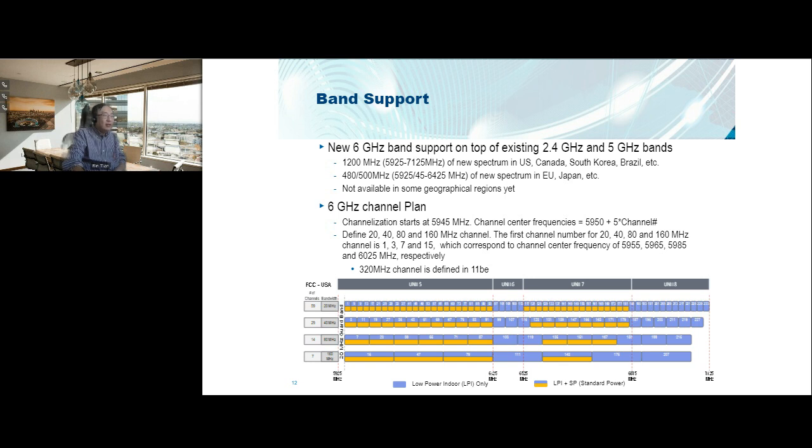You can see the first channel of these different channel widths given in the slide here, and you can correspond to the channel center frequency based on the above equation. 320 megahertz is defined in 11be. I didn't draw it here, but I want you to be aware that in 11be, the standard beyond ax, we will further expand this channel plan to include 320 megahertz.